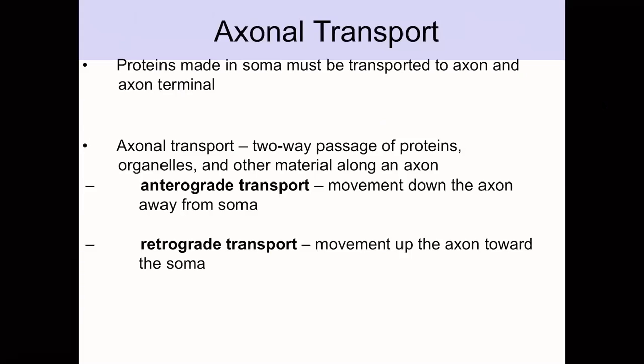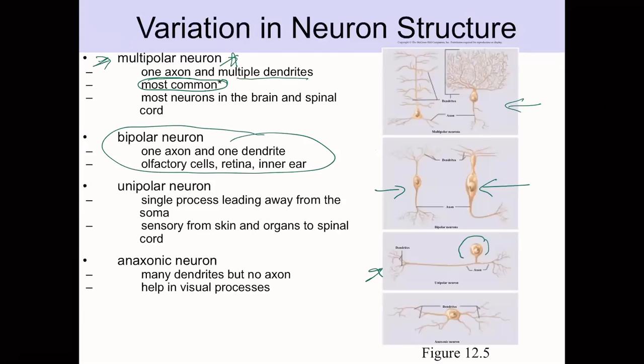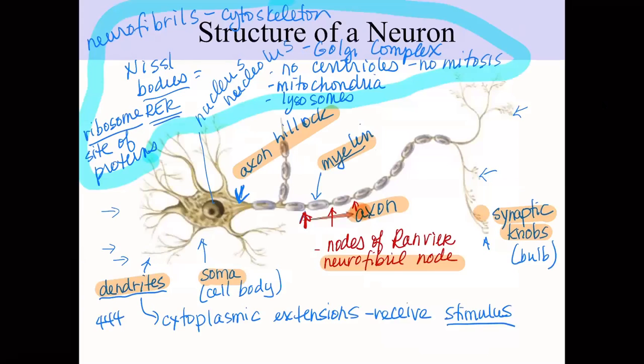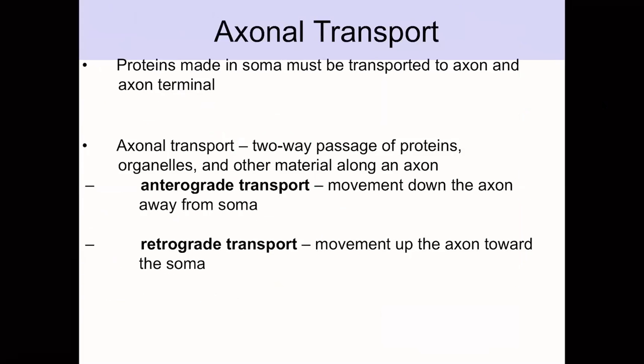All right, now there's two kinds of transport in a neuron. So you've got this big neuron, right? Let me draw a picture. So here's my cell body, and then there's my synaptic knob, and there's the nucleus.